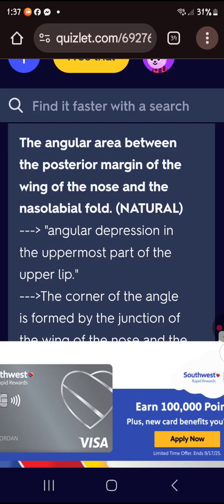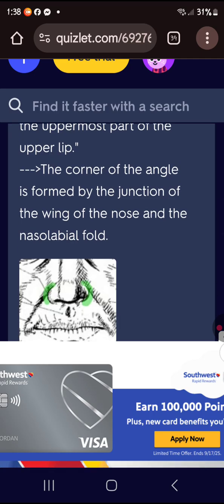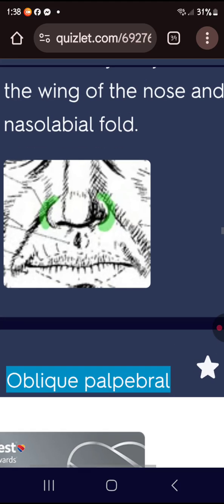It is the angular depression in the uppermost part of the upper lip. The corner of the angle is formed by the junction of the wing of the nose and the nasolabial fold. So it's that little curved area between the cheek and the wing of the nose.